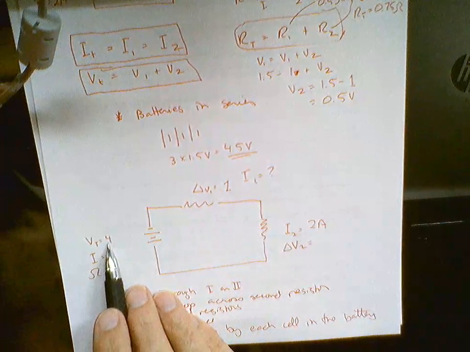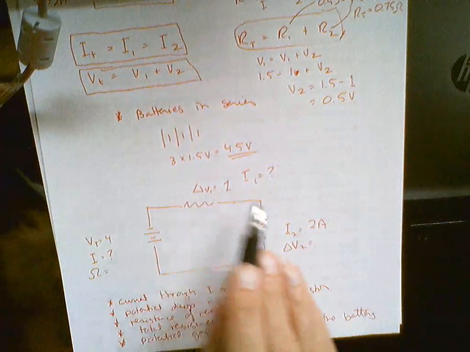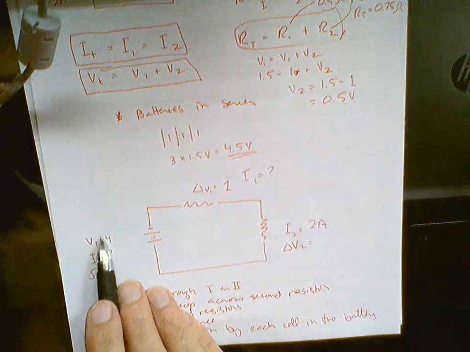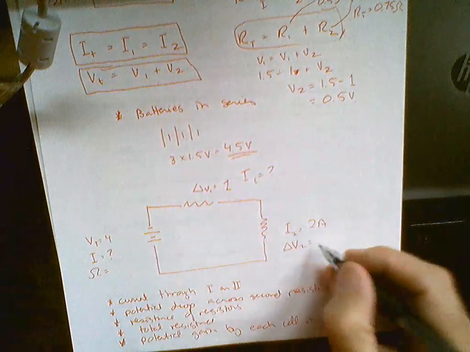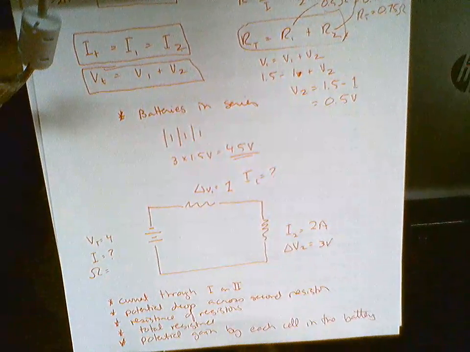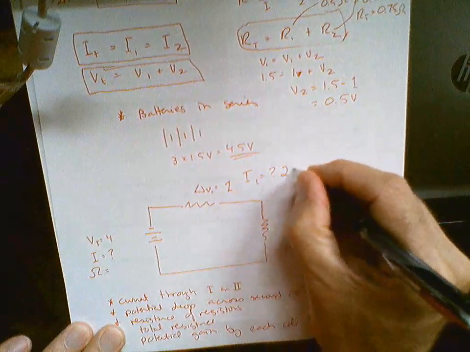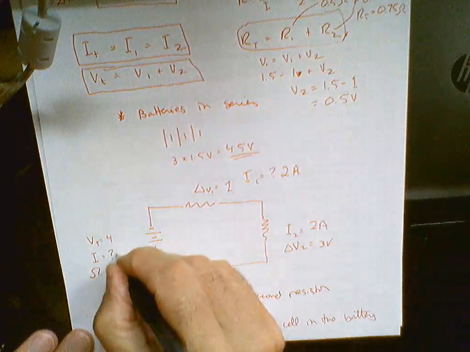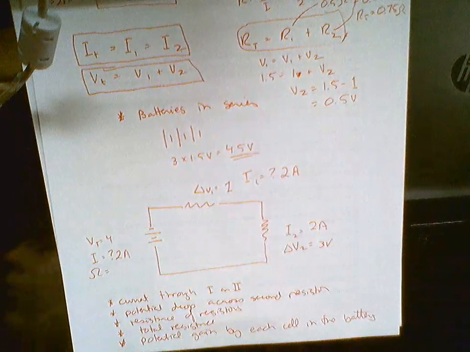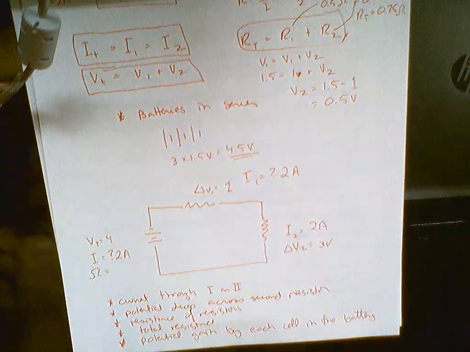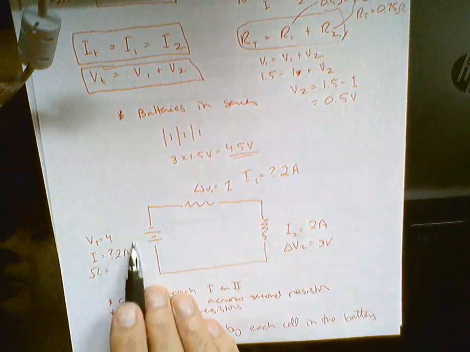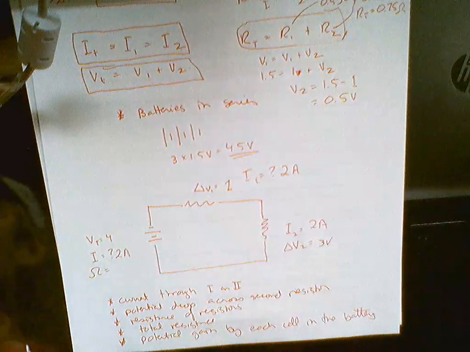So within a system, we have to have a full droppage of voltage. So if we start with 4, we lose 1, we've got 3 volts left in the system. What's our amperage? 2 amps there, because no matter what, within the system, whatever amperage you have here is the same amperage you have here is the same amperage you have here.